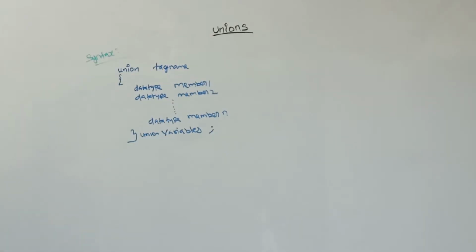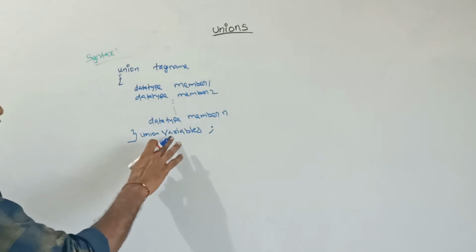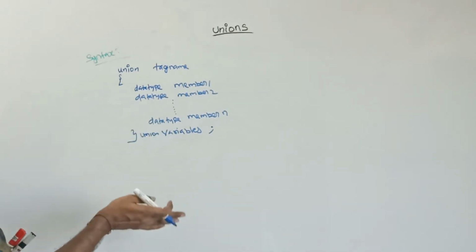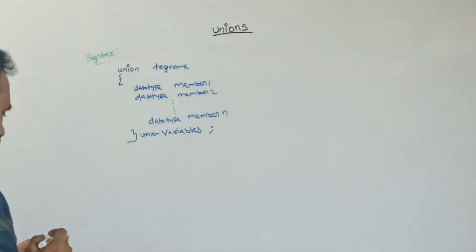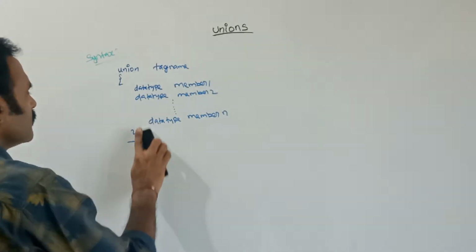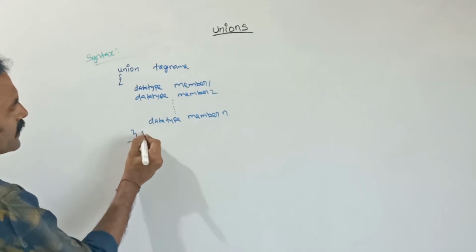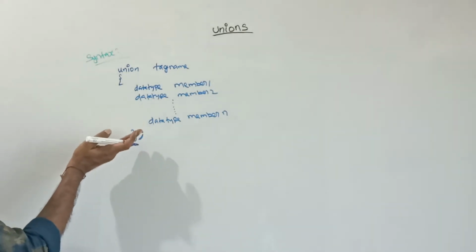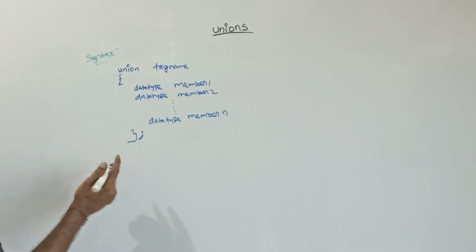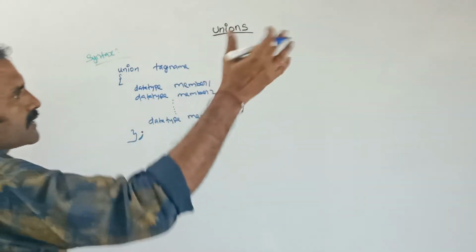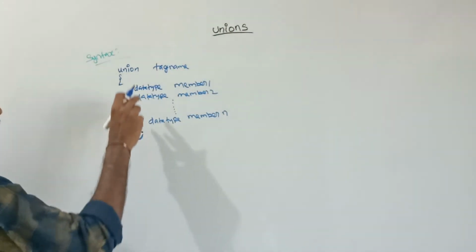Suppose if I want to declare the union variable outside of this union, then I can give like this. Here I am closing this union by semicolon. Now I am creating the union variable outside. As with a structure, how can we create the union variable?